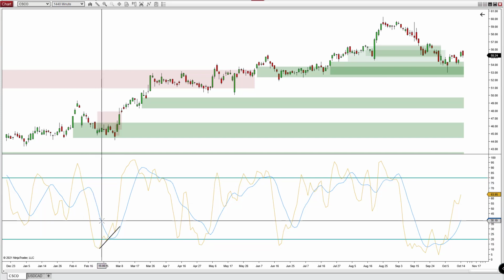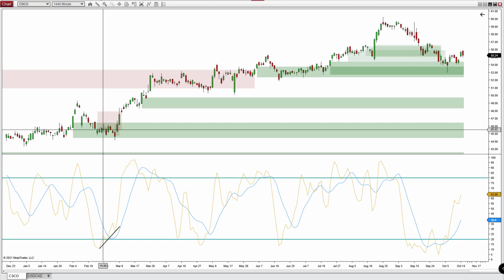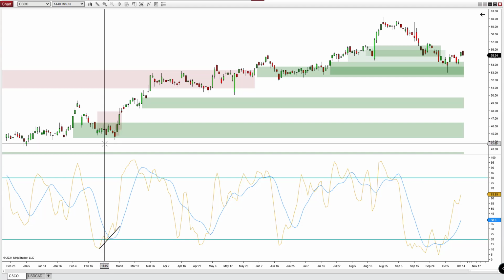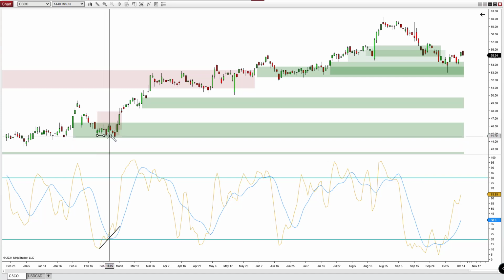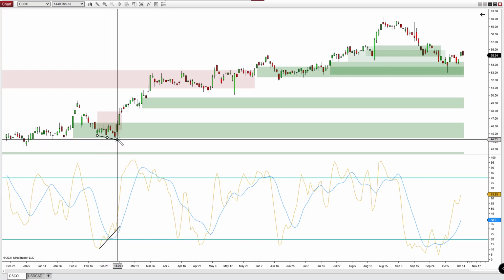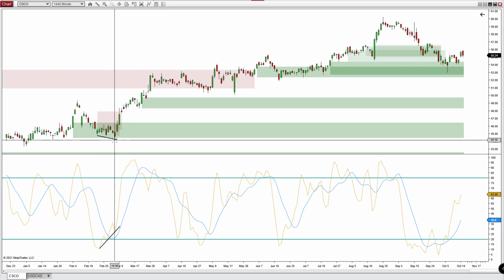I don't even watch the blue line. So this is your divergence. Okay, just super simple. Price is making an equal or lower low, stochastic is going higher. This would be an entry point if you're trading this type of system.